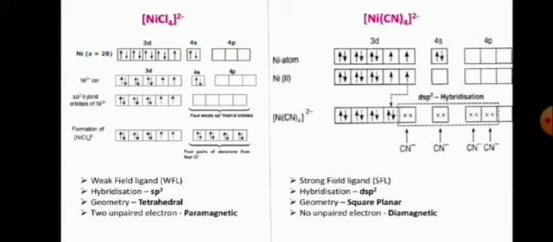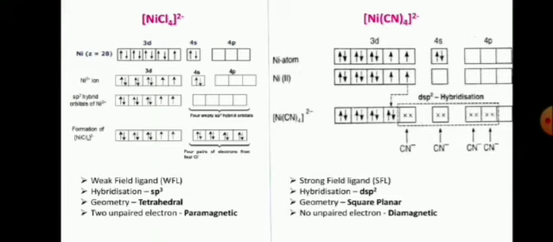So the geometry becomes tetrahedral in NiCl4, and it has 2 unpaired electrons. So as it has 2 unpaired electrons, the complex will be paramagnetic, that is, it will be attracted in the magnetic field.